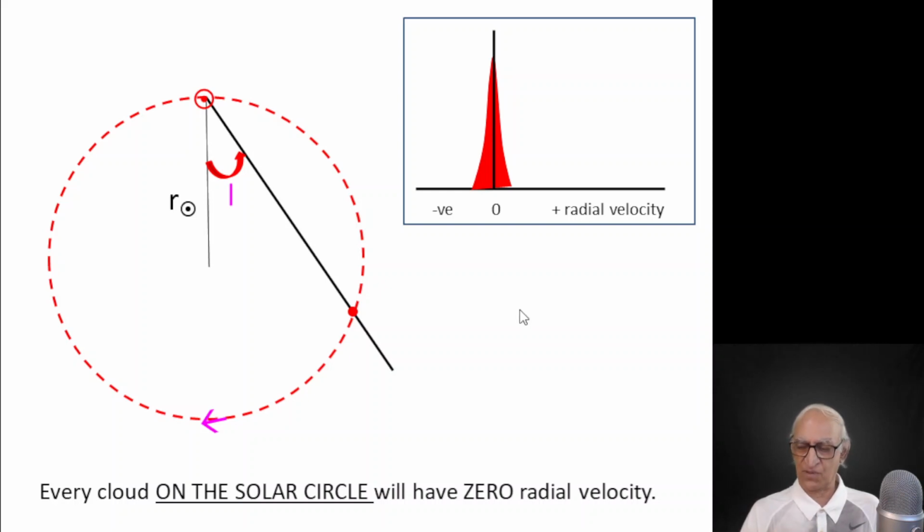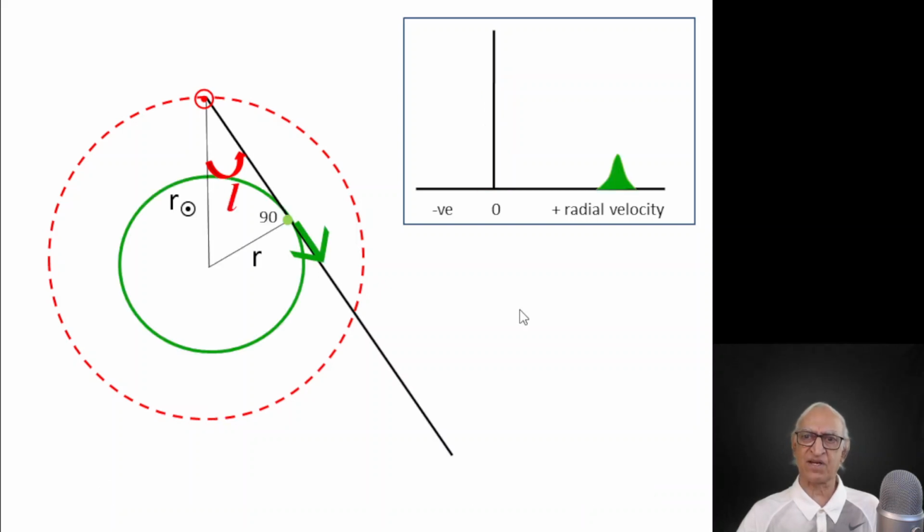Now let us look at a very special distance, the green circle. Let's imagine that there is a cloud over there. Its circular velocity will be tangent to it, which is the green arrow. Green arrow is tangent to the green circle. But please notice that that tangent is also coincident with our direction of the line of sight at this particular longitude.